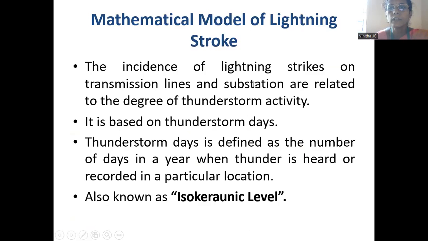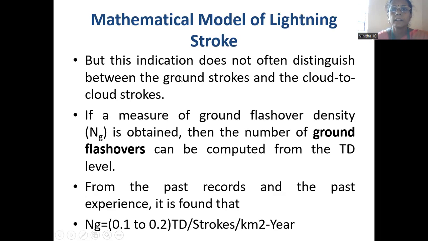The incidence of lightning strikes on the transmission lines and the substation are related to the degree of thunderstorm activity, and this thunderstorm activity is based on thunderstorm days. So here there is a definition for thunderstorm days. It is defined as the number of days in a year when the thunder is heard or recorded in a particular location. These thunderstorm days are otherwise called the isokeraunic level.